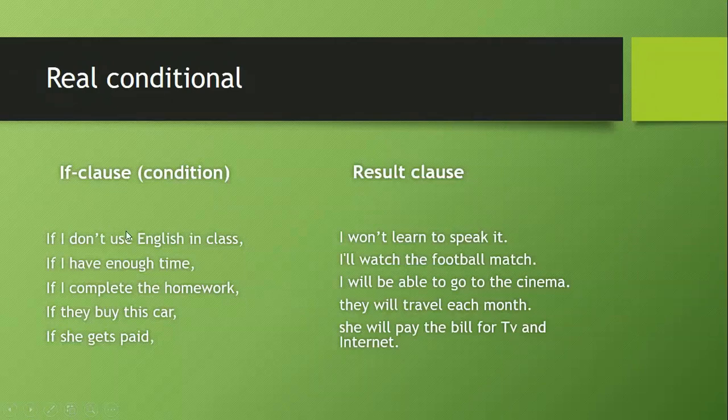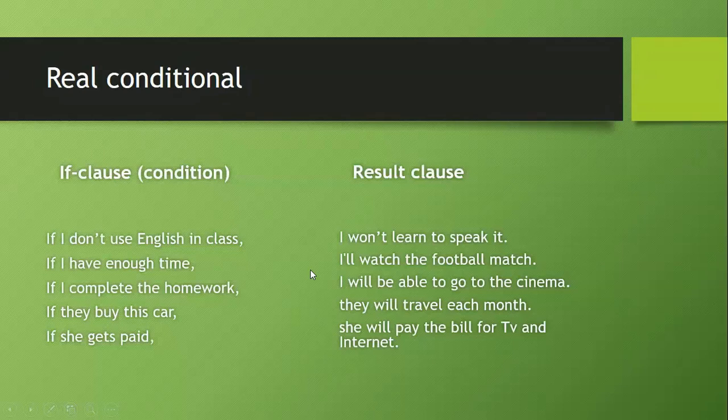Okay? If I do or if I do not, if I have or if I do not have, if I complete or if I don't complete, if they buy or if they do not buy, if she gets paid or if she doesn't get paid, then there will be a result. It would be the noun and will, the future.